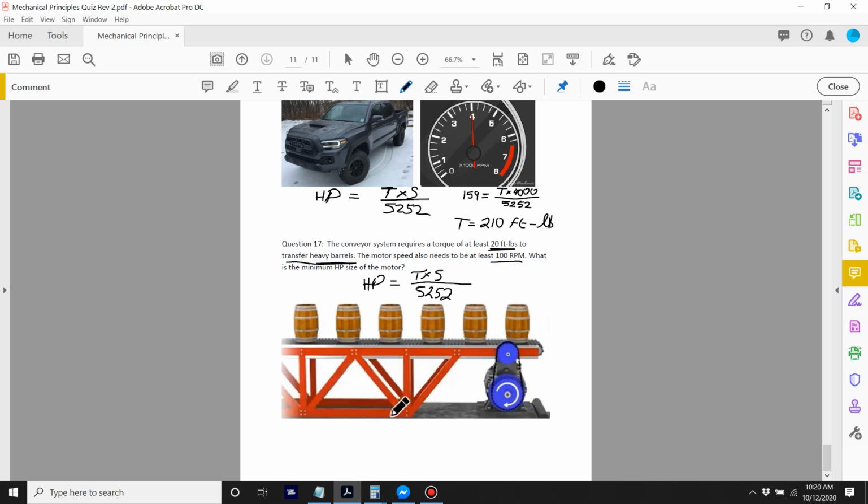Now, let's have a look. Torque is 20 foot-pounds. Multiplied by 100 RPM divided by 52 is the total horsepower.